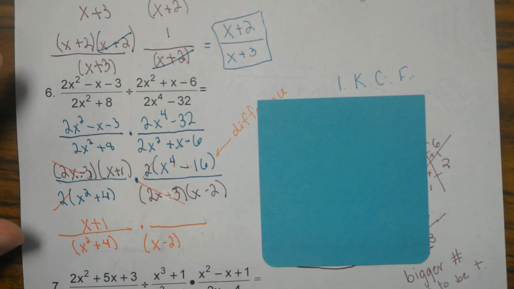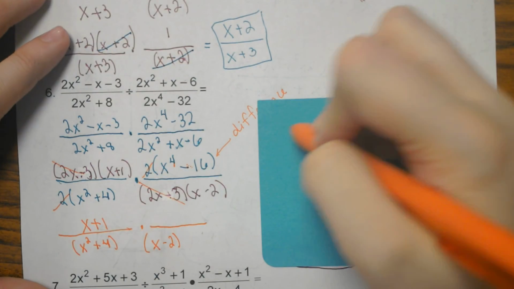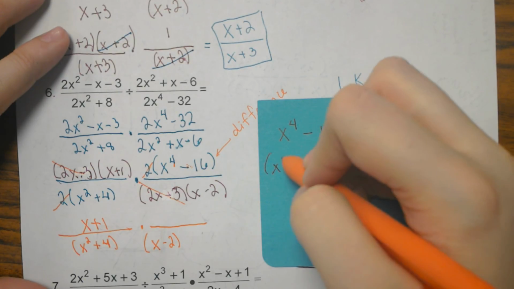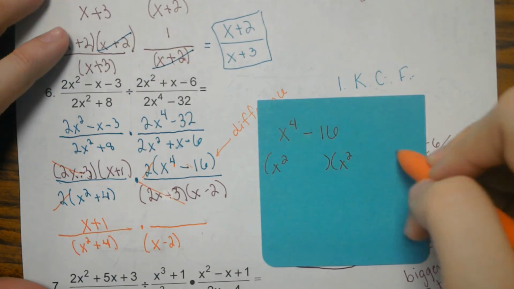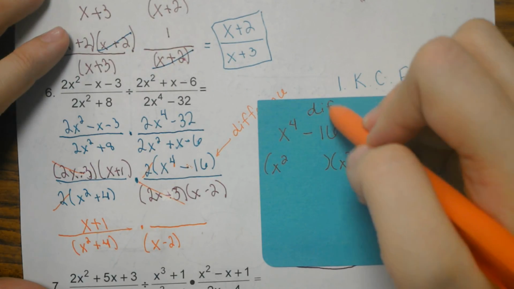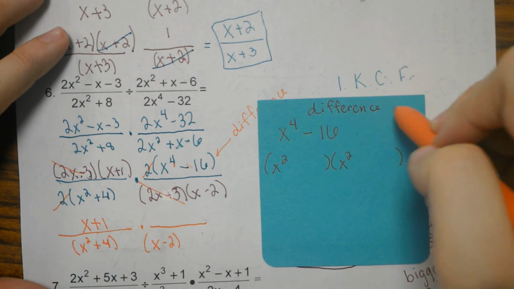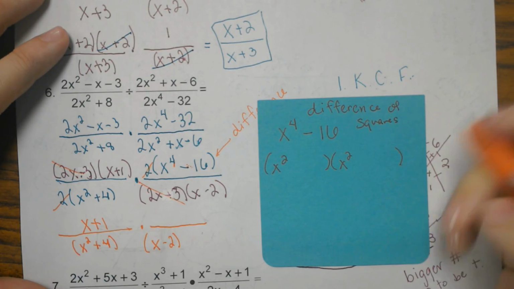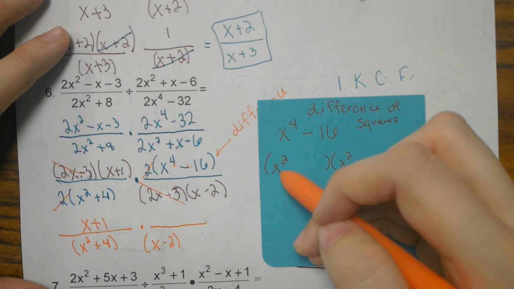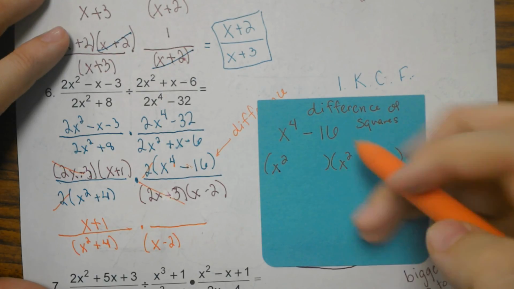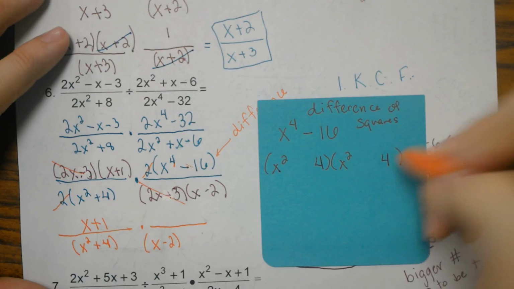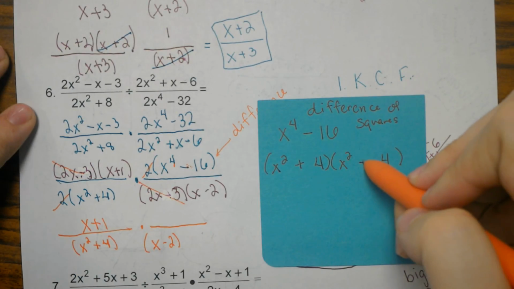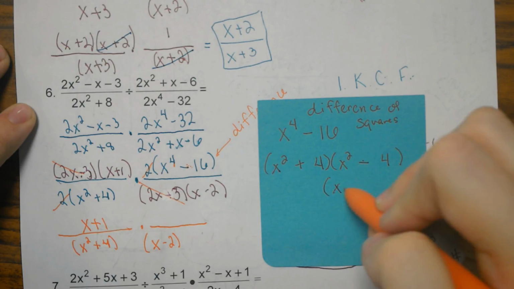I'm running out of room, so I'm going to add a sticky. So x to the 4th minus 16, that's going to be x squared and x squared. For the difference of squares, I need something squared. So it's a term multiplied by itself. 4 and 4, plus and minus. And if you notice, I have a minus, and these are squares.